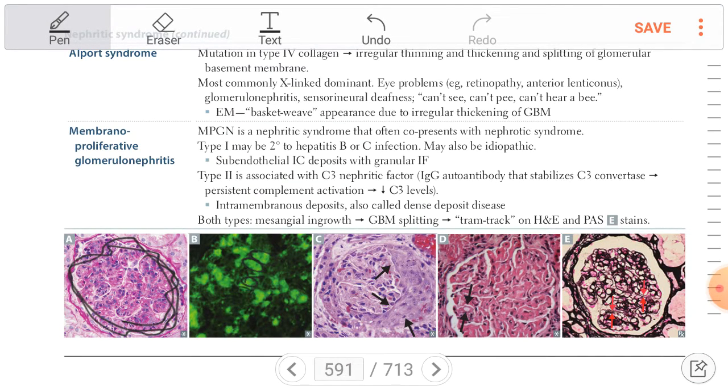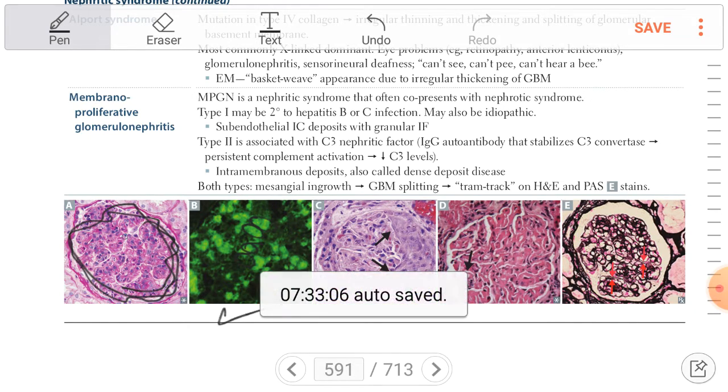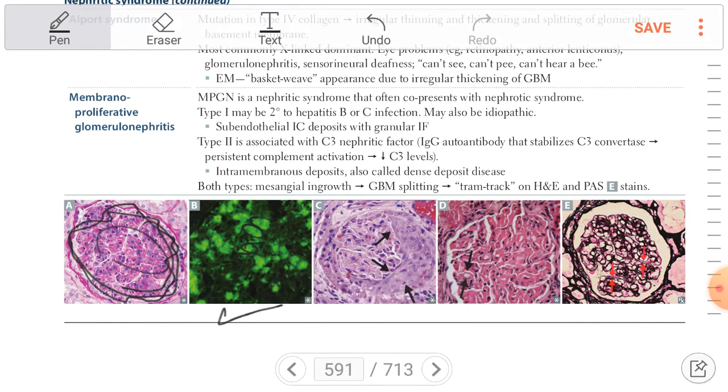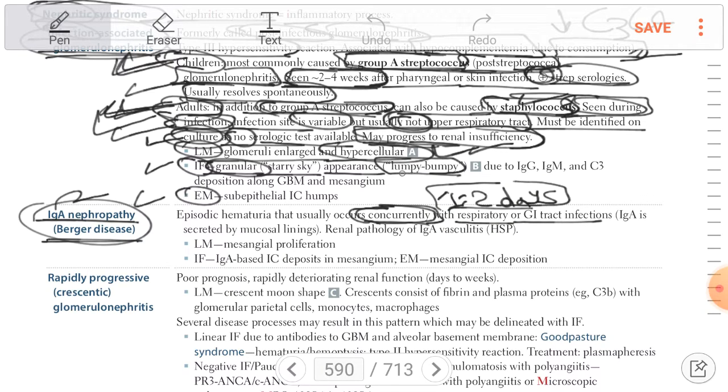So on immunofluorescence there is a granular pattern. But on light microscopy in post-streptococcal glomerulonephritis, there is hypercellularity. The granular pattern is due to deposition of immunoglobulin G, immunoglobulin M, and C3 along the glomerular basement membrane and mesangium.